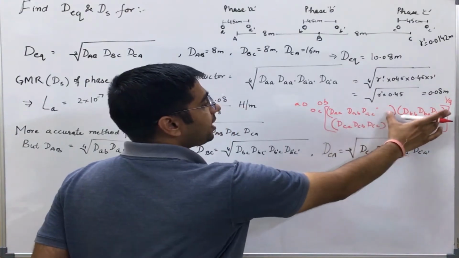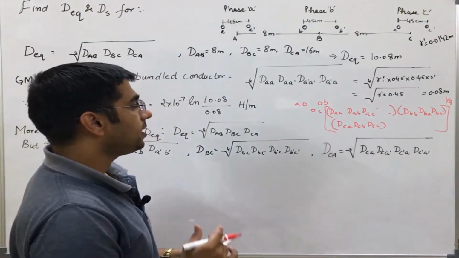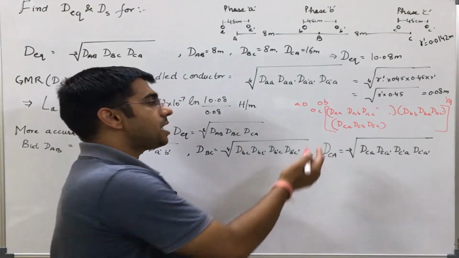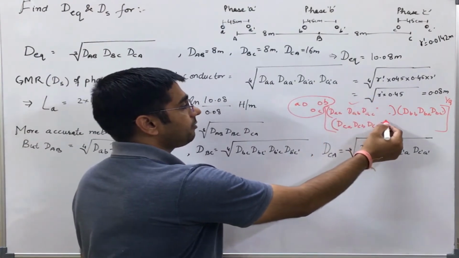There are how many terms? 9 terms. So the power will be 1 by 9. In this way, GMR of any conductor can be calculated. If it is having 3 conductors per phase, this will be given.